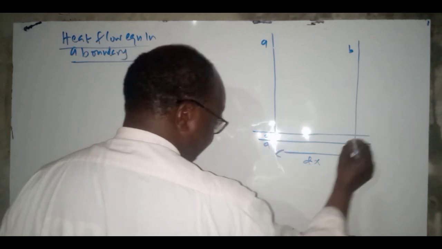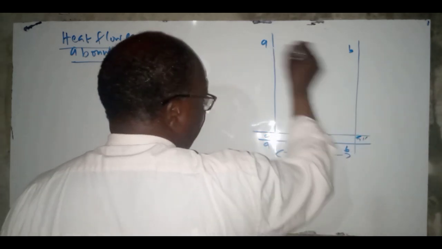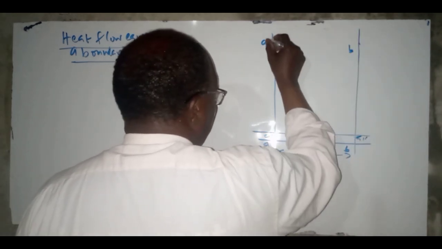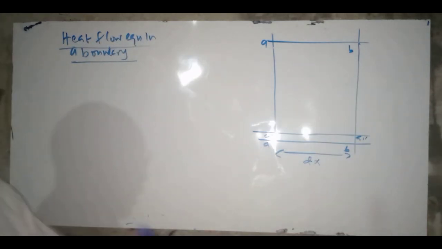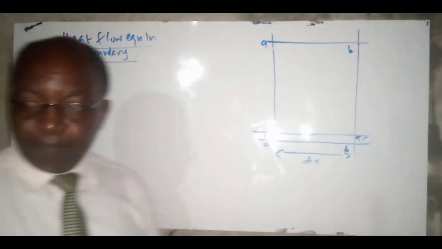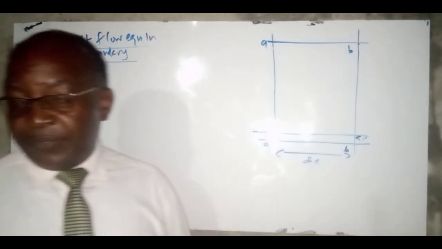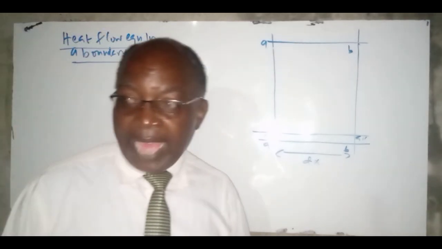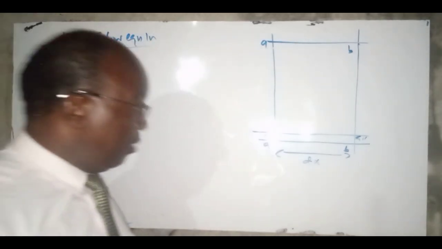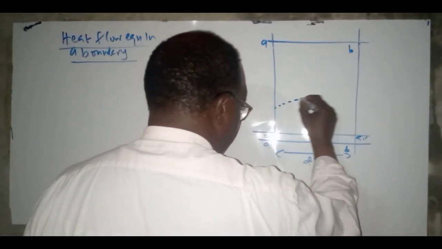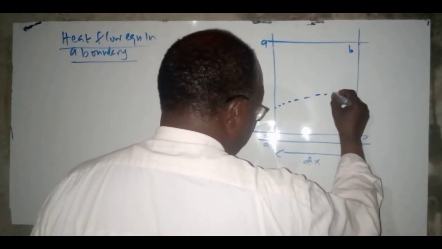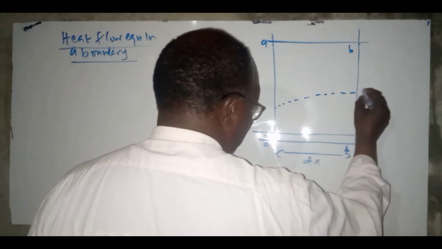We have A prime, A double prime, and by implication, we also have plane AB. And let us say that we have both a thermal boundary layer and a velocity boundary layer. As we are showing here, let's call that the thermal boundary layer.